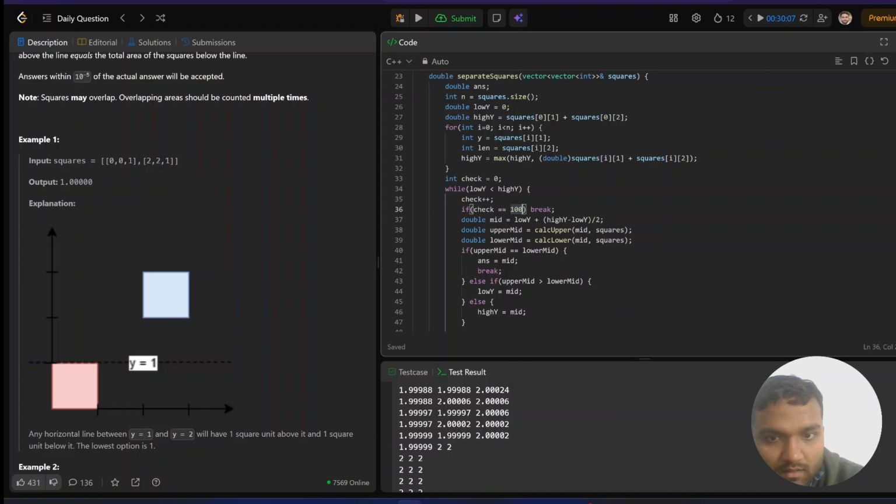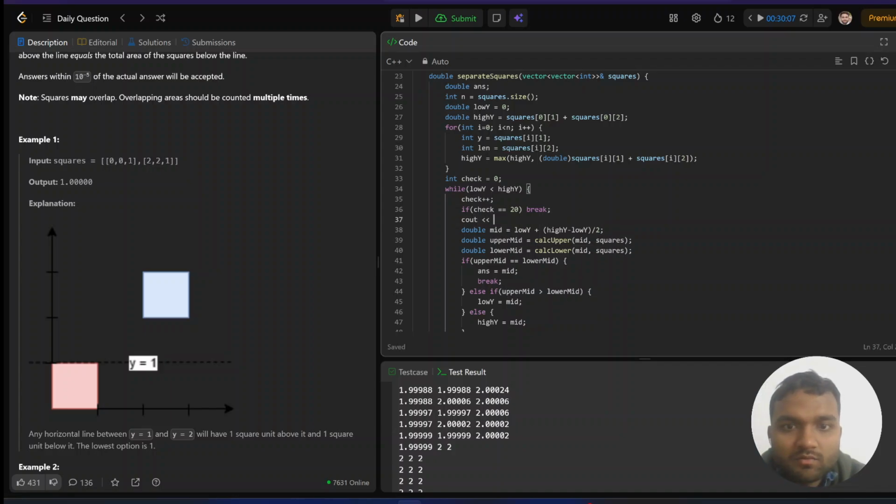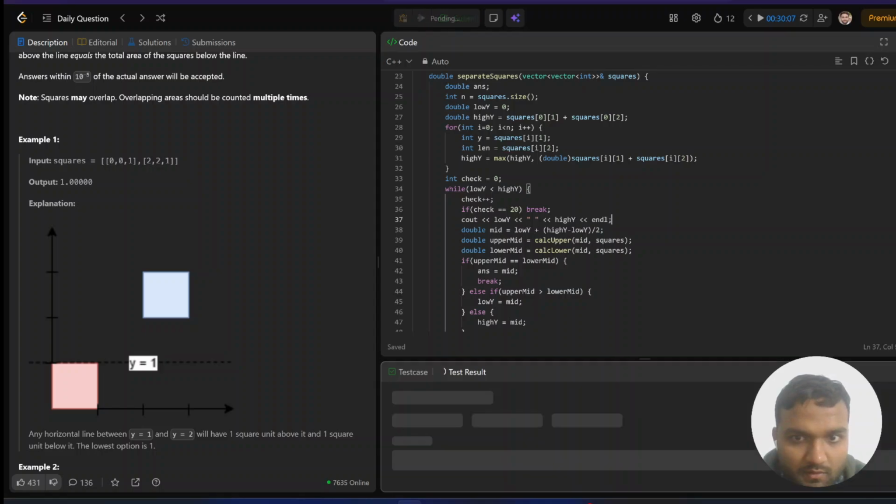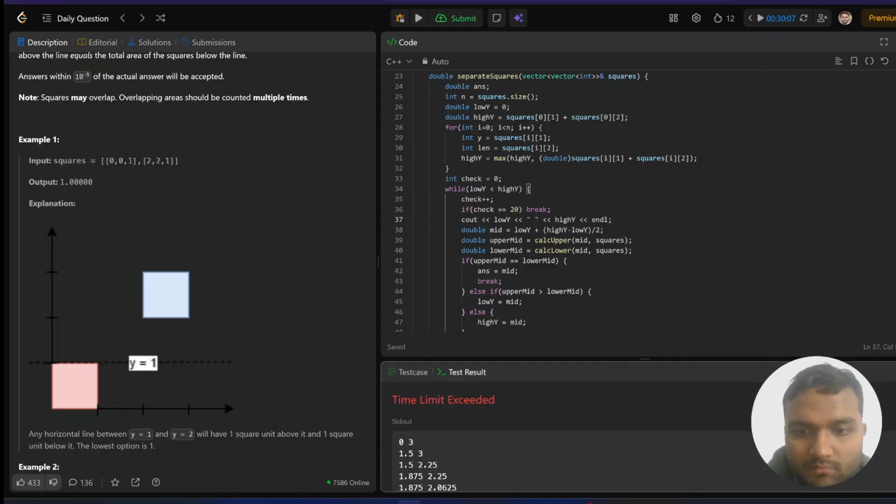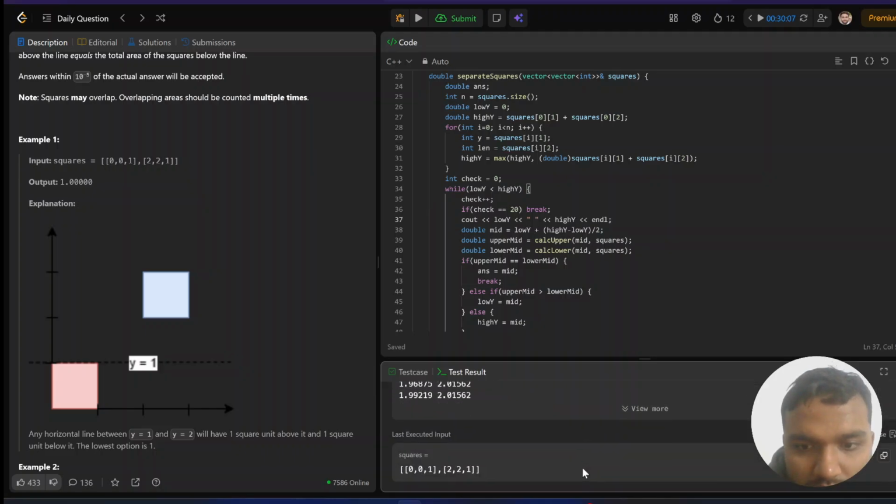Let me break it at 20 and print out low Y, then high Y. We have got this.